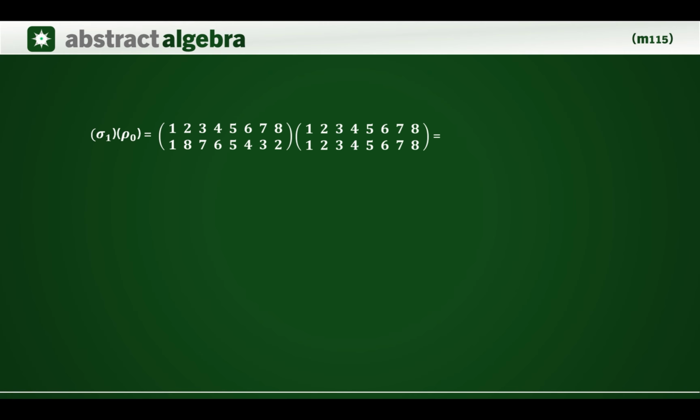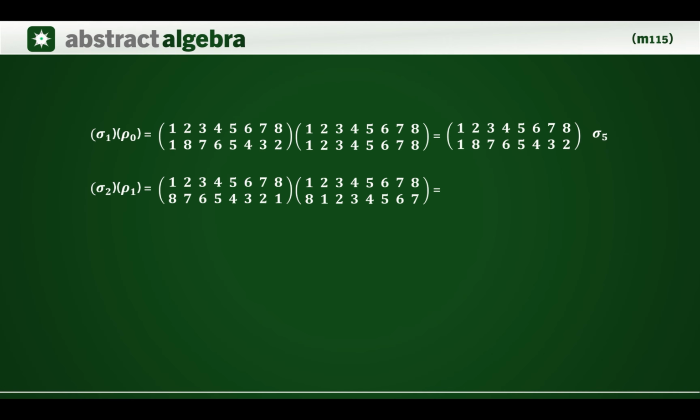Next, we're going to find the composition of sigma 1 to rho sub 0. The composition of sigma 1 to rho sub 0 results in sigma sub 5. Next, the composition of sigma sub 2 to rho sub 1 results in sigma sub 1.